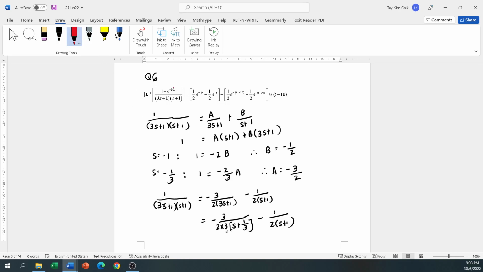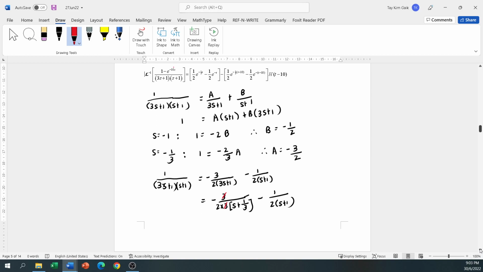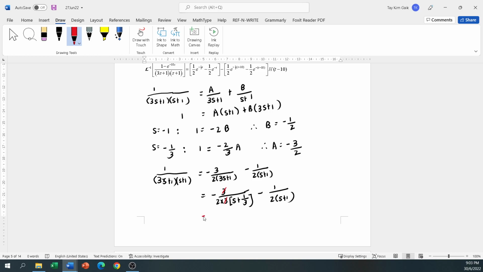So the 3 and 3 cancel. That's why we obtain negative half of (s plus 1/3) minus half of (s plus 1).